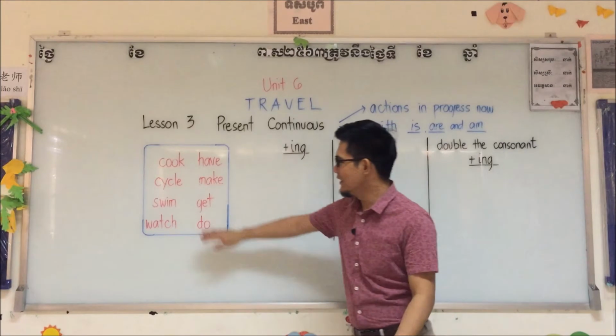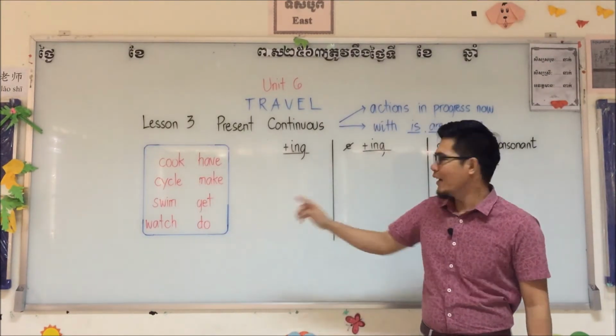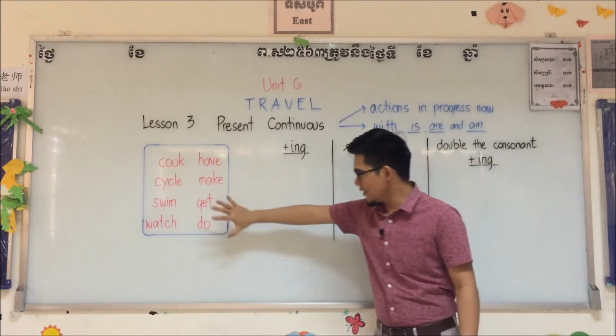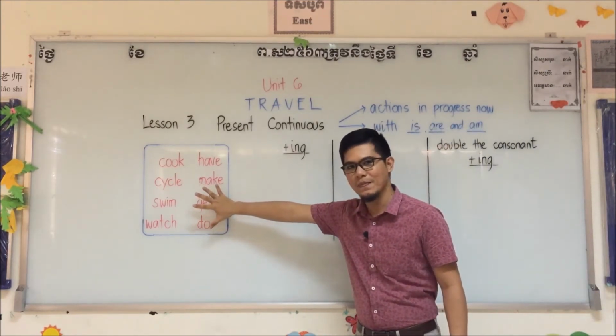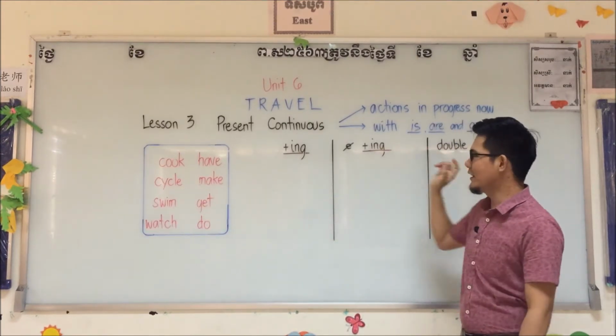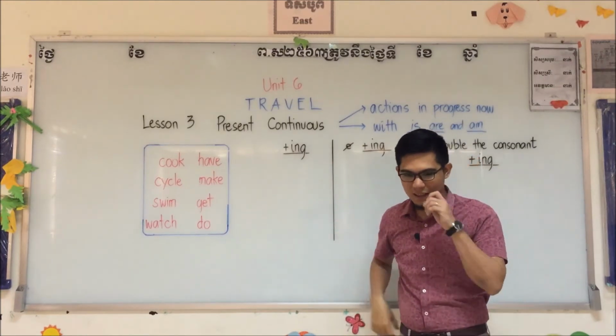I have here 8 verbs inside this box. I've got 3 rules. Now, we will use these verbs and apply to which rule each applies. Got it? Okay, let's start.